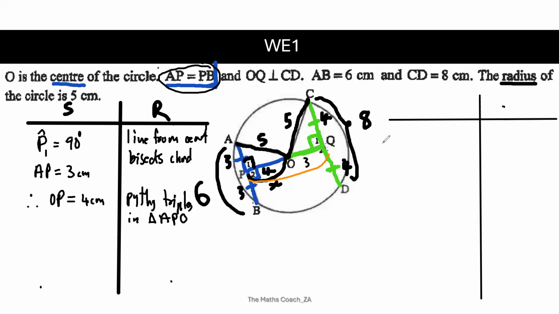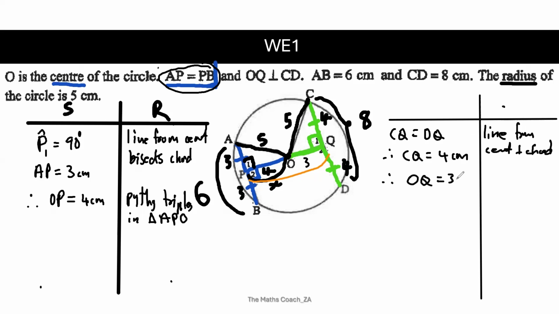It's quite obvious, since I know that this is perpendicular, I will then conclude here that CQ is equal to DQ. Why? Because in this triangle, I know from that statement that a line from the center was drawn such that it is perpendicular to a chord. And so it must bisect the chord. Therefore, CQ is actually 4 centimeters. The radius is already given. Therefore, OQ is 3 centimeters. All right.